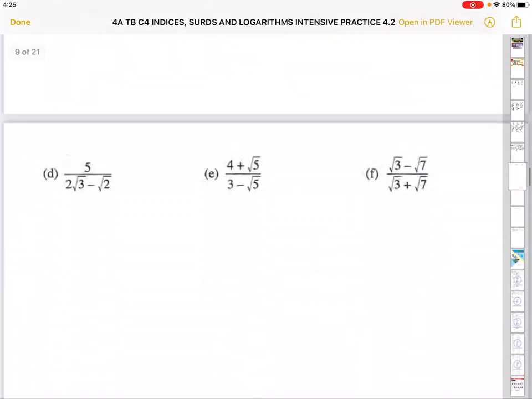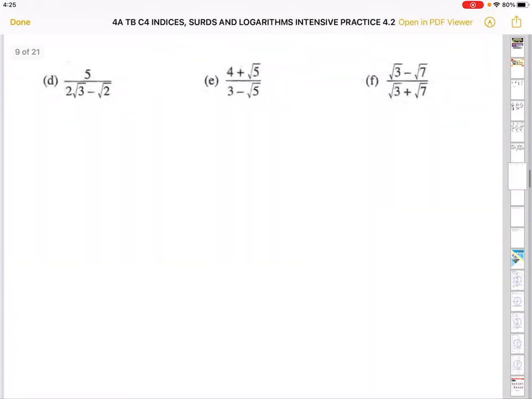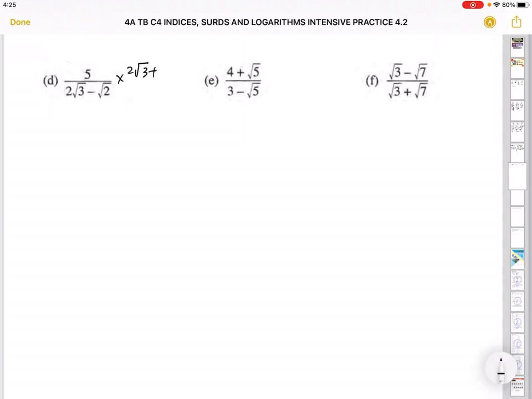Alright. Let's look at part D. Again, I multiply top and bottom with its conjugate, right? So this will be 5. Keep the 5 first. 2 surd 3 plus surd 2. Now 2 squared is 4. Surd 3 squared is 3. Square root 2 squared is just 2.